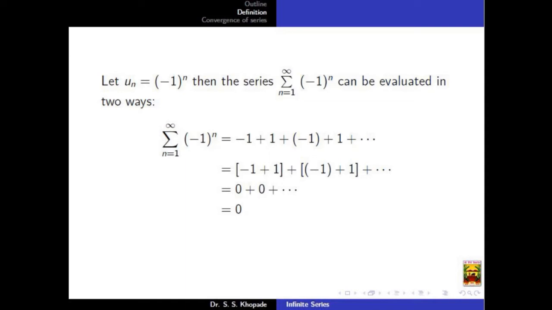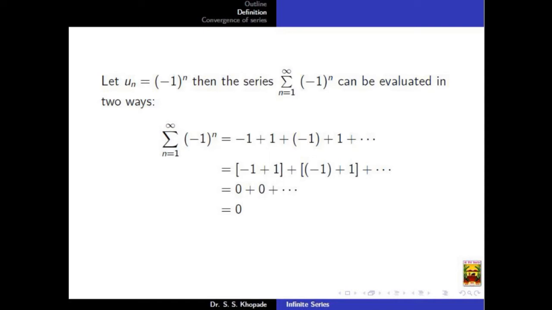Again combine the third and fourth terms together, again we get the same group, minus 1 plus 1. As there are infinitely many terms, we can group them two terms at a time, where each group contains a minus 1 and a plus 1. So they get cancelled out to give 0, meaning we are adding zeros. And obviously this addition will come out to be 0.